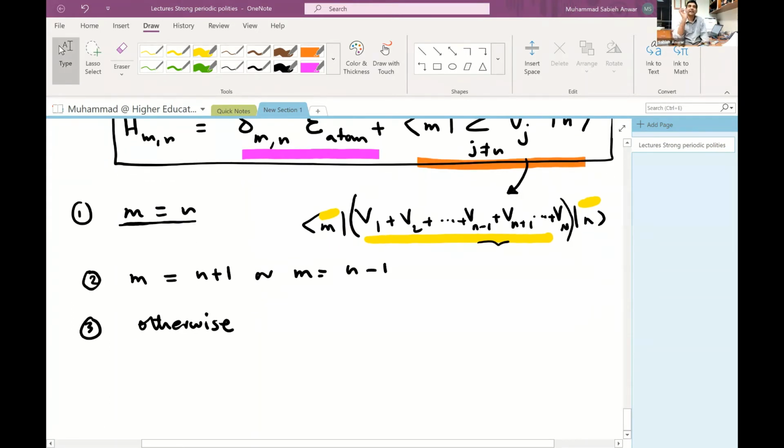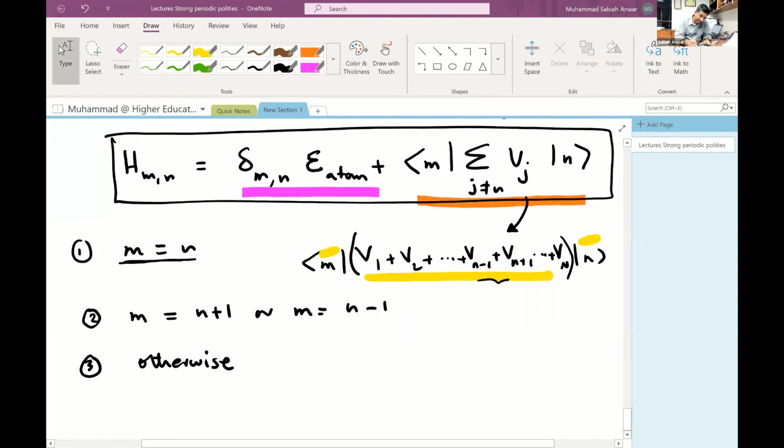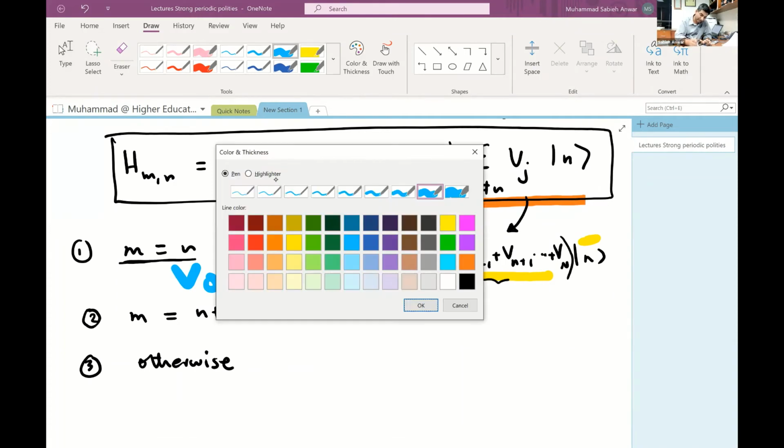Now this means that an electron is in the nth orbital. We are seeing how the energy of that electron, which is in the nth orbital, is being affected by all the other nuclei. And this is going to give me some total value, some constant value V naught. Okay. So if m equals n, I call all of this V naught. Got it?